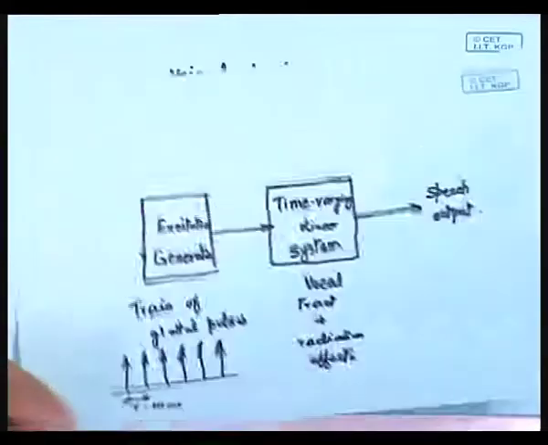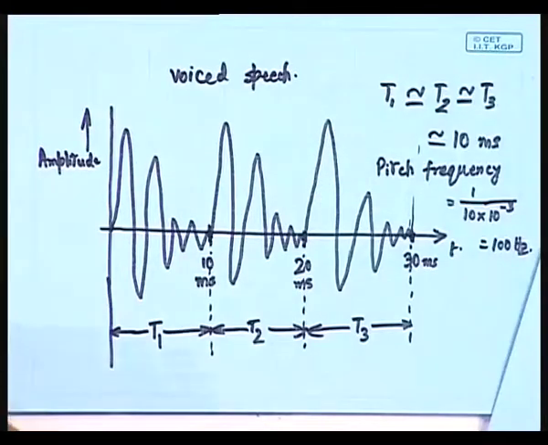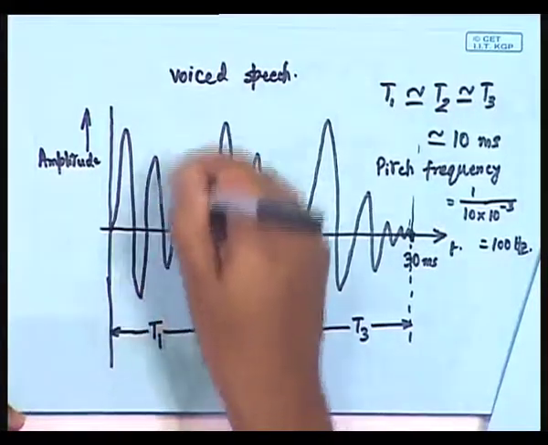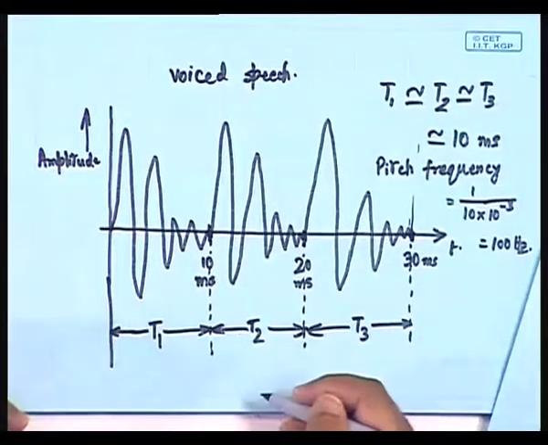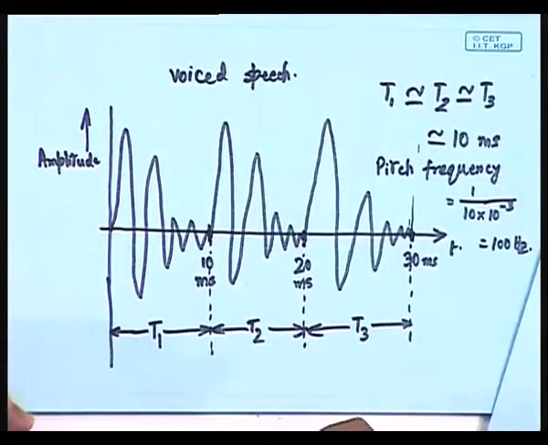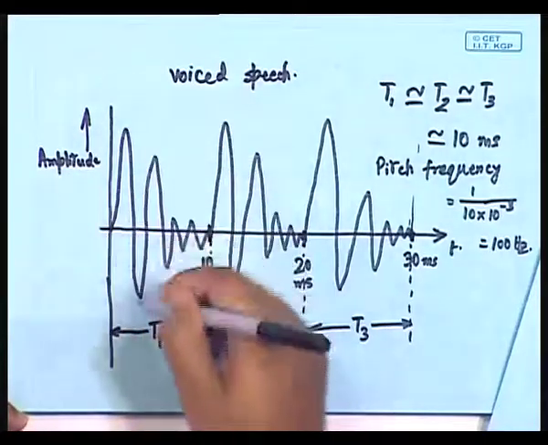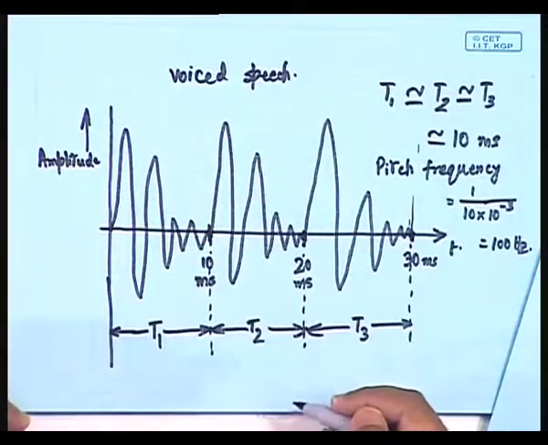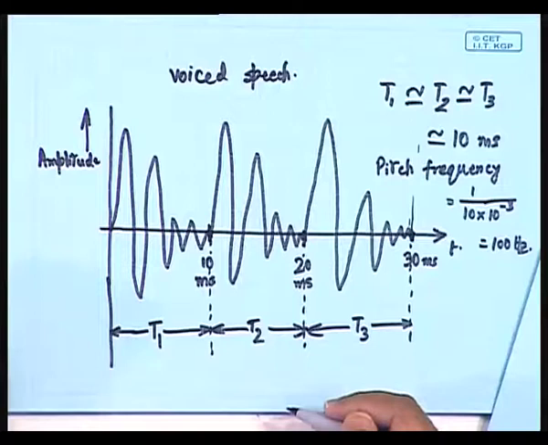But now our question is: if 100 hertz excitation is applied, then why are we having this sort of an effect? Well, the answer lies in the resonances that are produced in our vocal tract, and the resonances are actually triggered by the excitation that is produced.